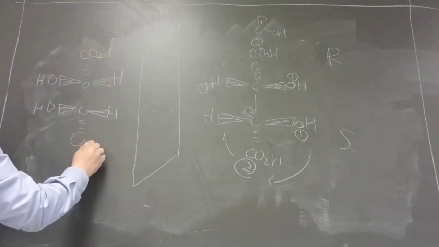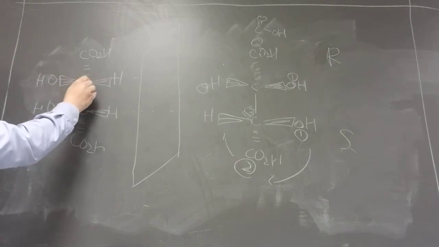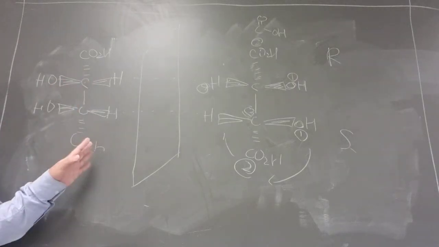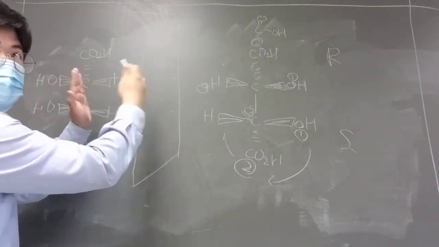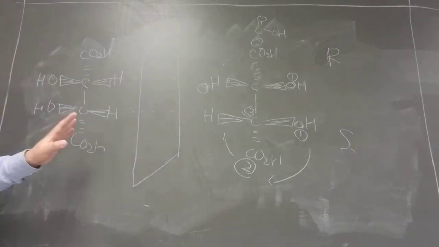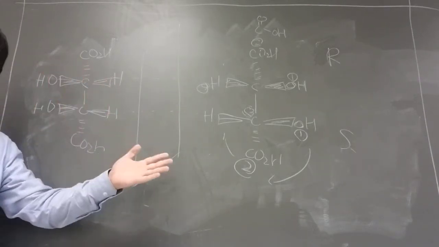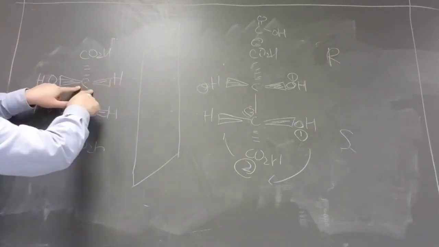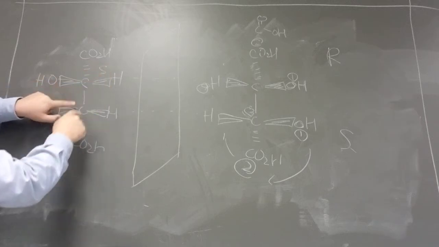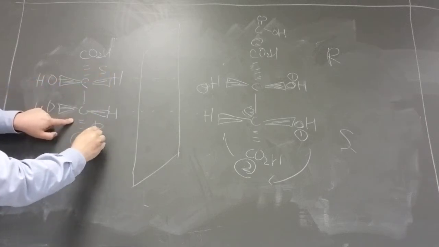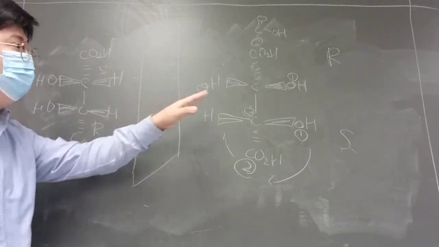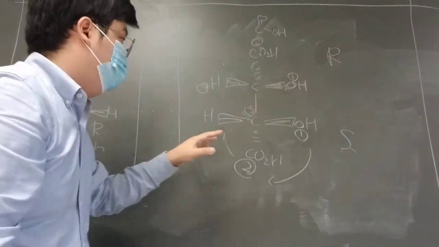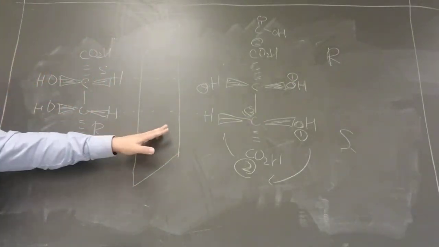Okay, so you see that it's a mirror image, right? So obviously, you don't have to do much now. What is here is R over S. That's R over there. This is S, perfect. And this is R, perfect. Because it's a mirror image, you just need to pick the opposite configuration for each chiral center on the mirror image.